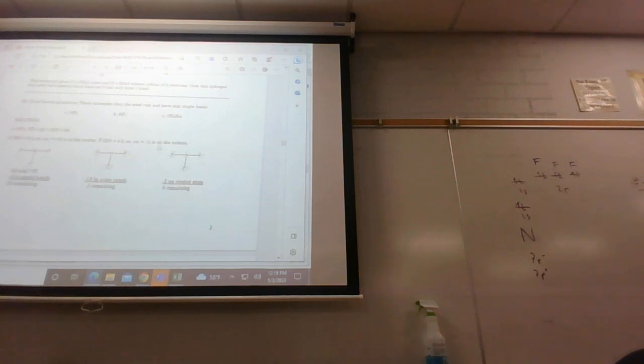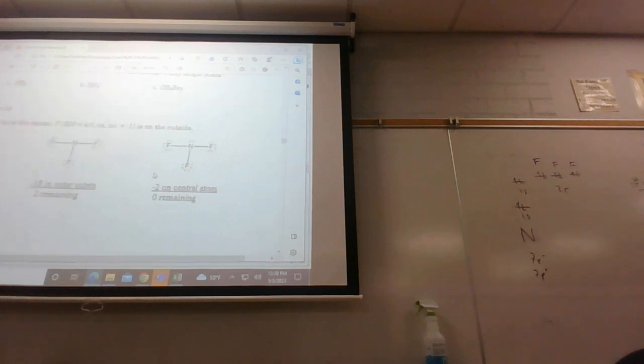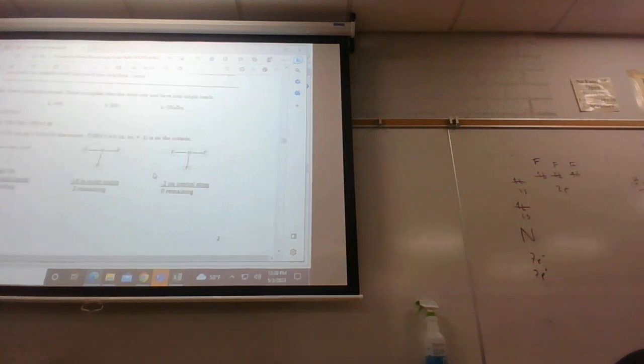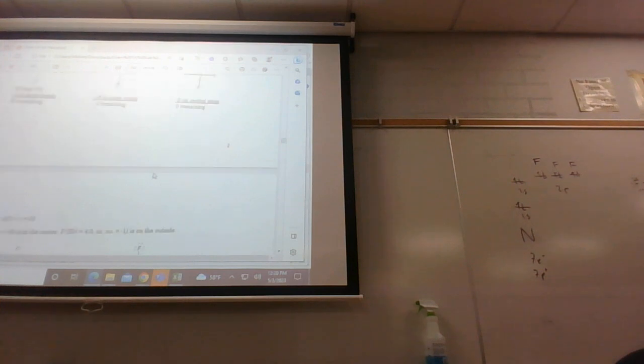Does the single bonds present, plus an open pair on the nitrogen, change the shape at all? Yeah. The lone pair, if that lone pair wasn't there, then it would be a totally different shape.